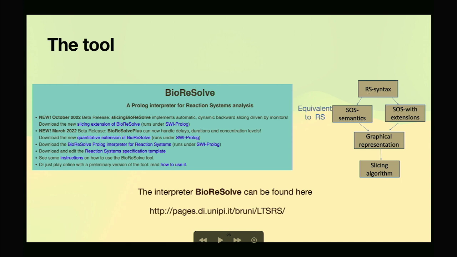We have the reaction system syntax equipped with the structural operational semantics, and we also equip it with the structural operational semantics with some extensions considering delay and duration of reactions, and equipped with some abstract quantitative information. Then we have a graphical representation, and then we can apply the slicing algorithm.